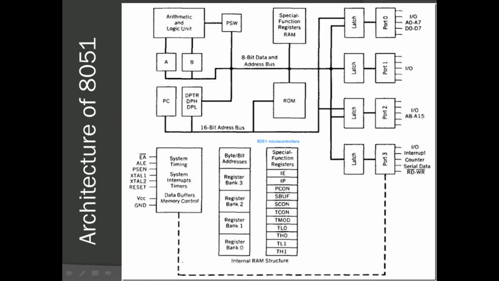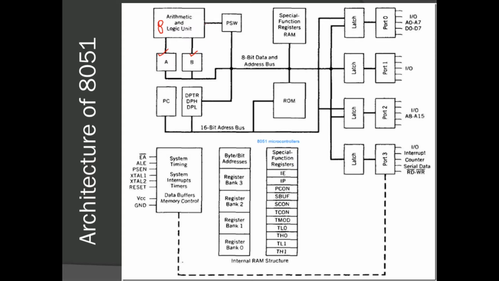You see, the architecture of 8051 is quite simple. It has an 8-bit ALU, which is connected to the accumulator and register B, which mostly store the contents of the operands.